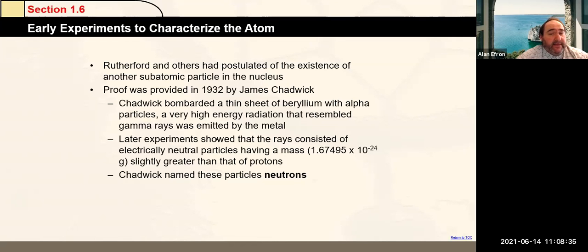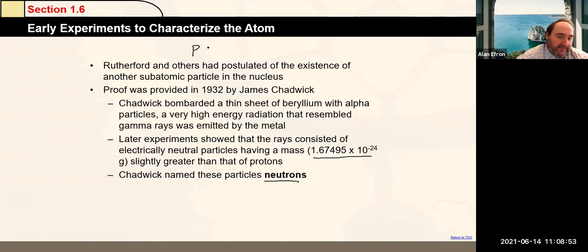Basically, some experiments that he did showed the existence of this third particle, known as the neutron, and it had a mass of 1.67495. You may be wondering, why did they take it out so many digits?